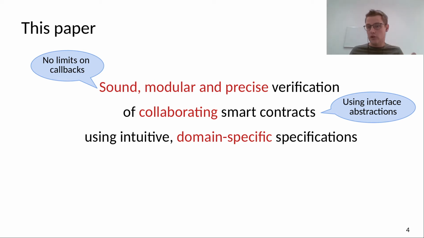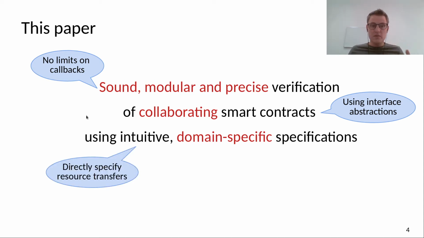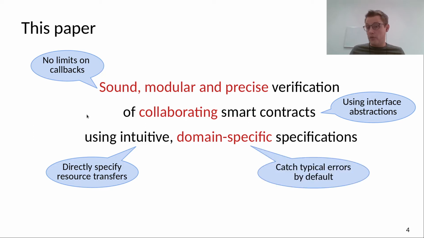So we verify each contract only using interface abstractions of the other contracts it interacts with, unlike existing techniques. And finally, we provide domain-specific specifications that allow users to directly specify desired behavior in terms of resources and resource transfers, and the resulting verification technique is able to catch typical errors by default.